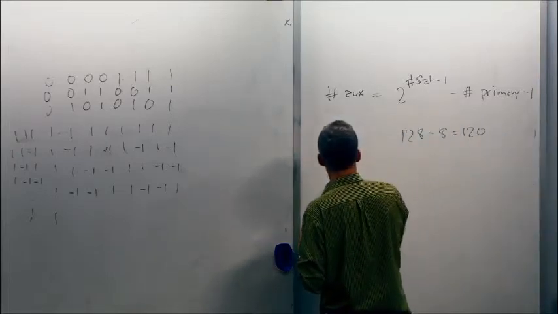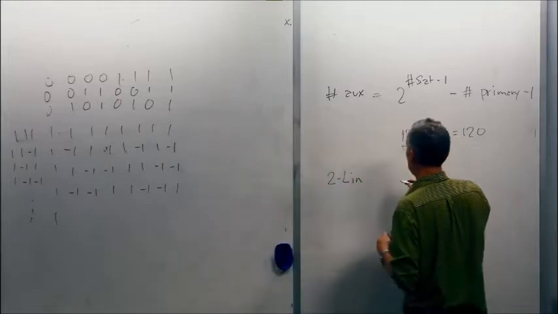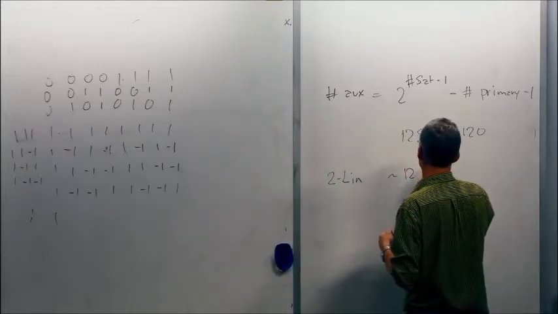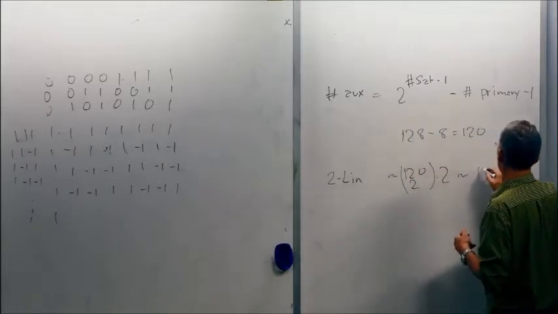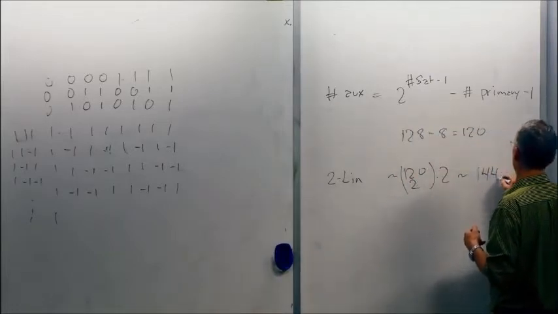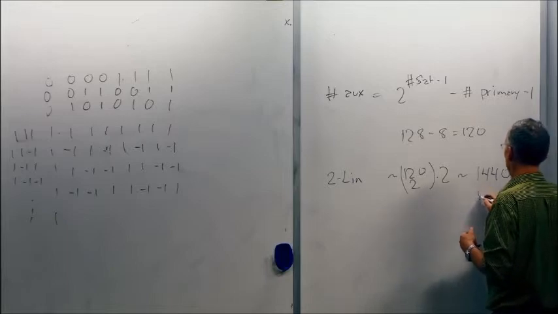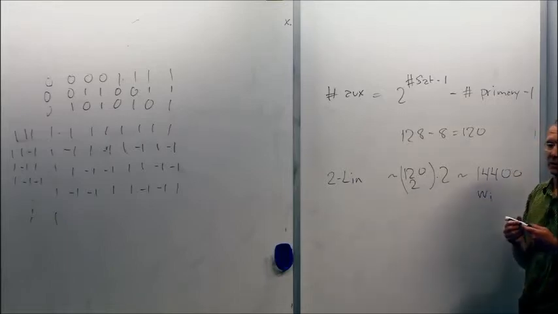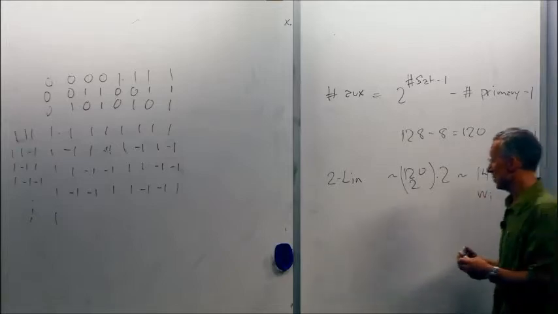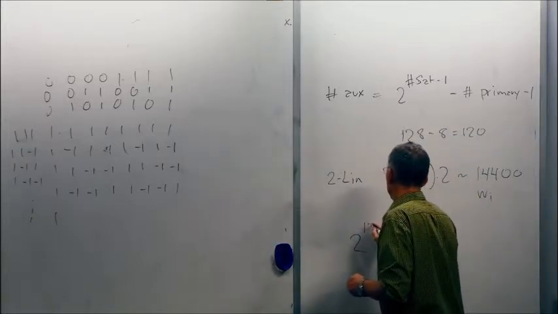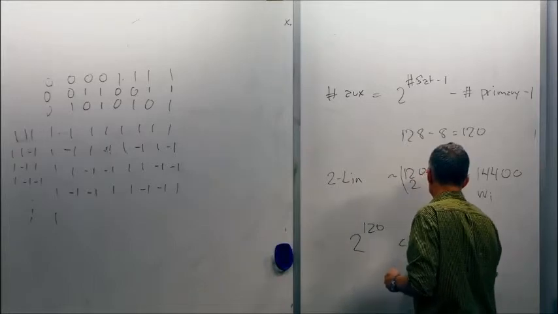So if we're thinking about going to 2-lin, then we have roughly 120 choose 2 times 2, which is 14,400 weights. Which is still manageable, but we have like 2 to the 120 constraints.